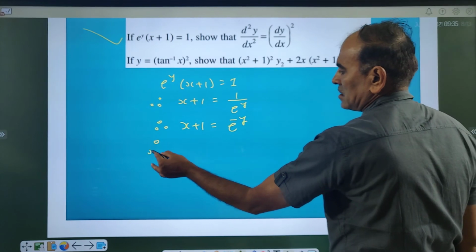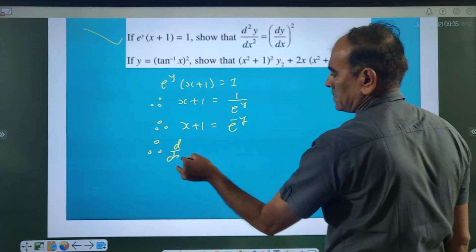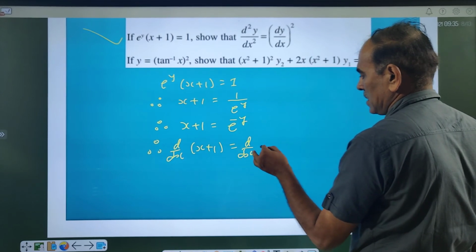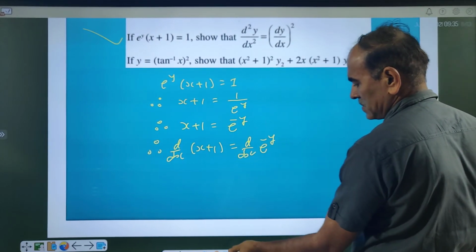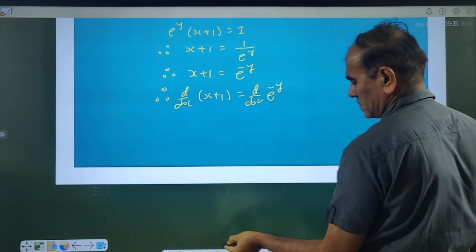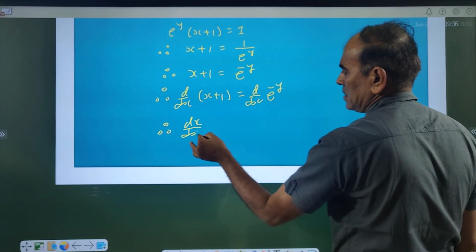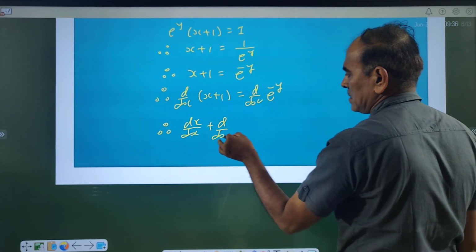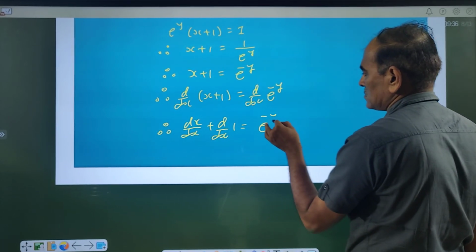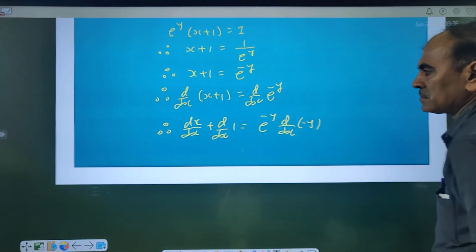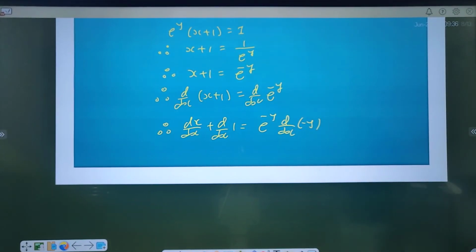Take d by dx on both sides. d by dx of x plus 1 is equal to d by dx of e raised to minus y. And therefore what we get here? d by dx of x plus d by dx of 1, d raised to some function, d by dx of some function, 1 by 1.